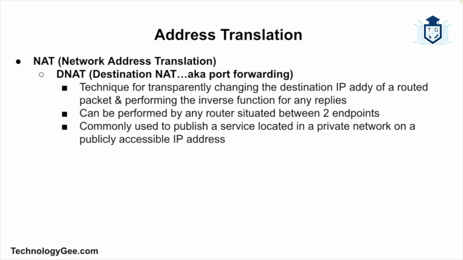This is a technique for transparently changing the destination IP address of a routed packet and performing the inverse function for any replies. Any router situated between two endpoints can perform this translation of the packet. DNAT is commonly used to publish a service that is located in a private network on a publicly accessible IP address. Also, DNAT is known as port forwarding.